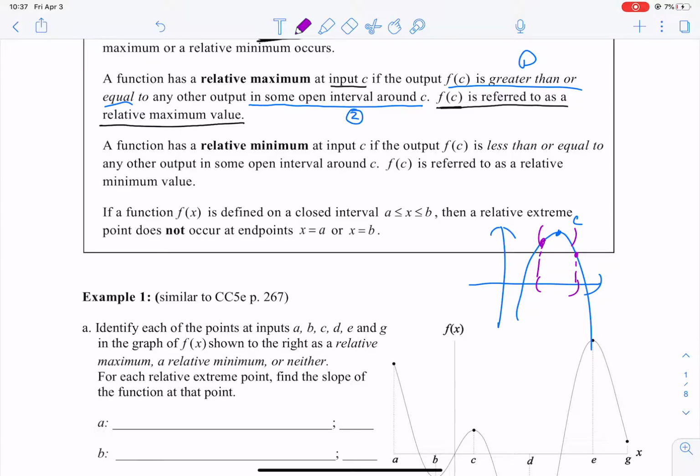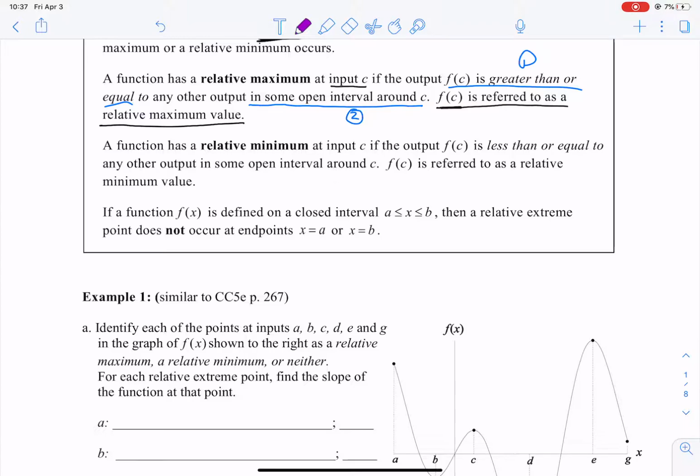So they are less than the relative maximum point f of c. All right, this condition is satisfied. The two conditions are: in any open interval around c, and f of c is the biggest number. So this is the definition for the relative maximum. Why do I have to mention the open interval? Later you're going to see why.